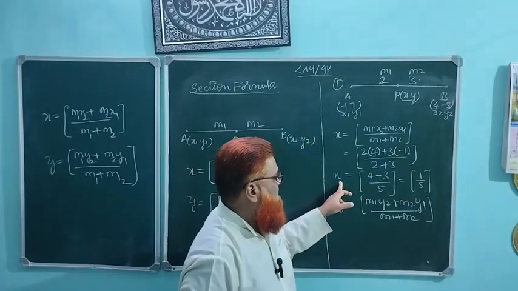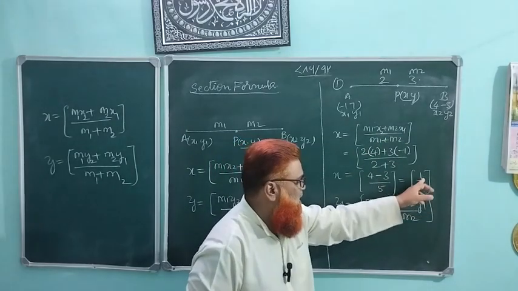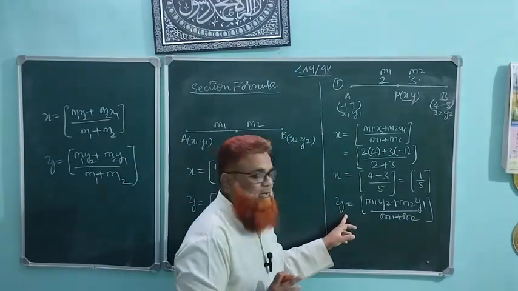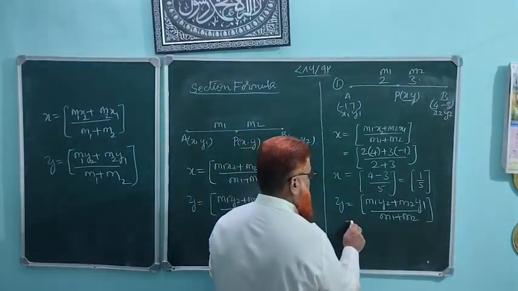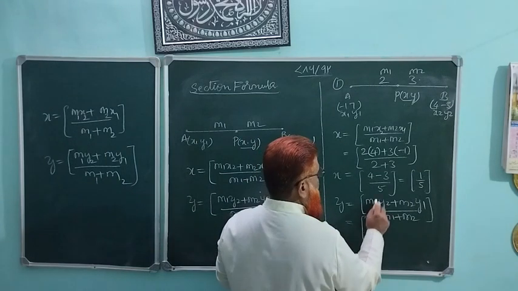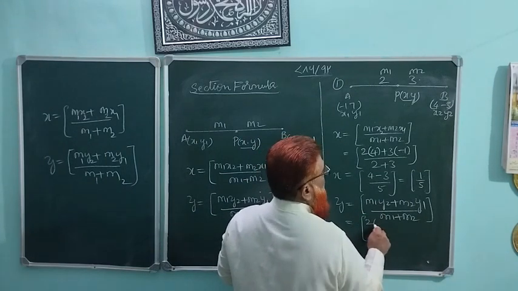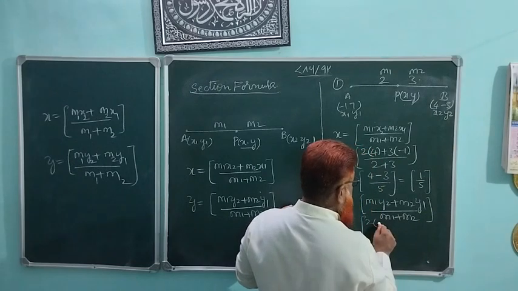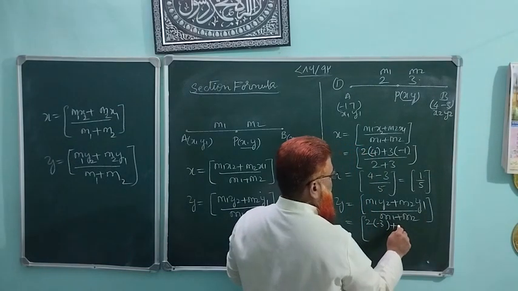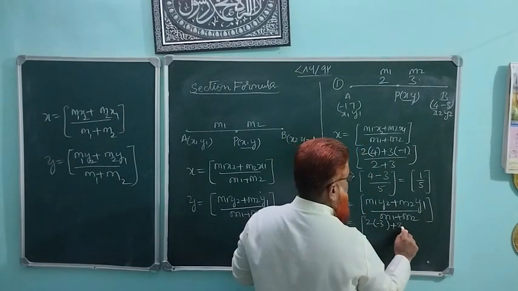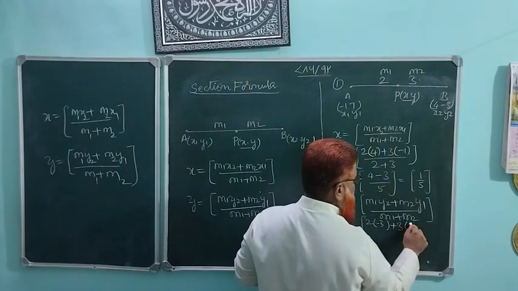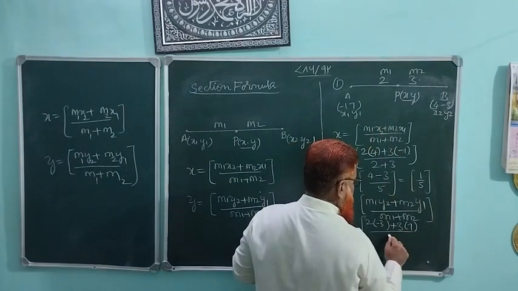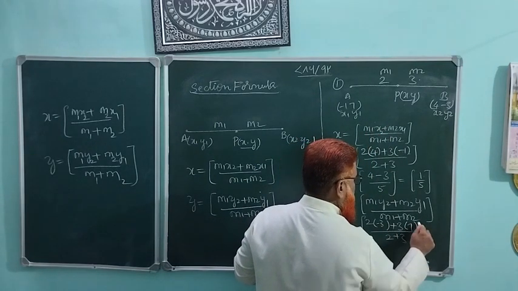So we found x. x is equal to, using this section formula, 1 by 5. And now we are going to find y. What is m1? m1 is 2 and y2 is -3, plus m2 is 3, and y1 is 7 by 2 plus 3.